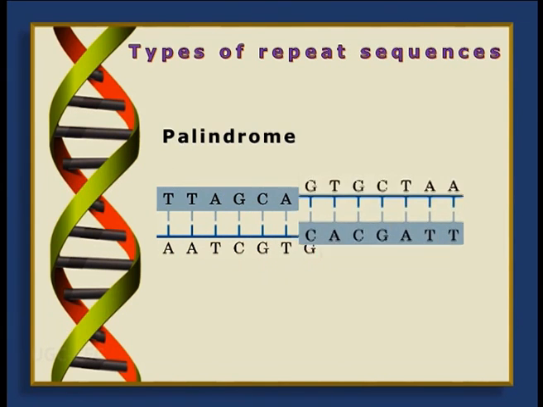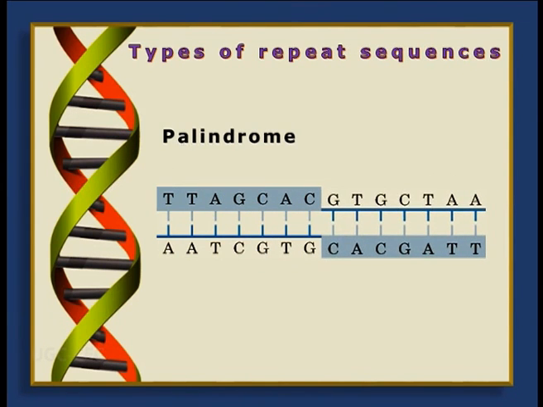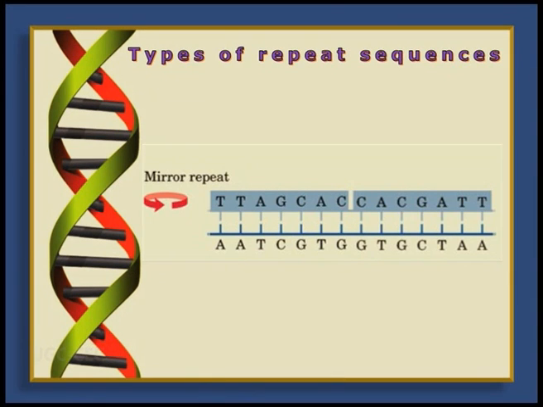Whereas palindromic sequences contain inverted repeats without any intervening sequences. Whereas mirror repeats are nothing but the mirror reflection of a set of bases. Now, depending upon the kind of DNA sequence motif present, the unusual structure of DNA varies.